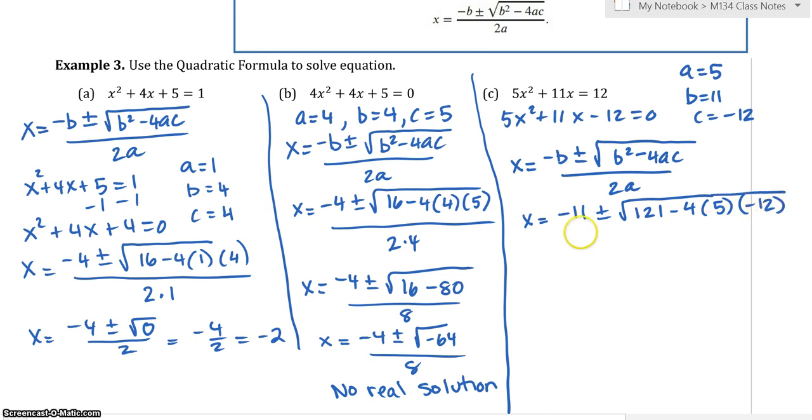The reason that this one will have a solution, with 2 times 5 down here, is because we have 2 negatives. So this one is going to turn out to be negative 11 plus or minus the square root of 121 plus, because minus a negative is a plus, 20 times 12. Looks like 240.